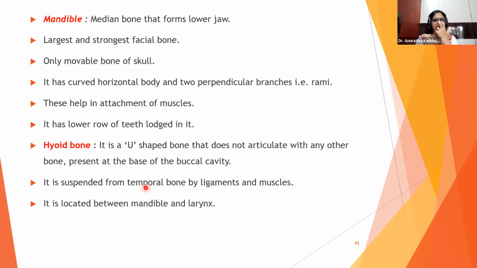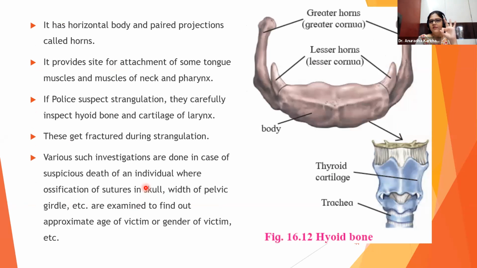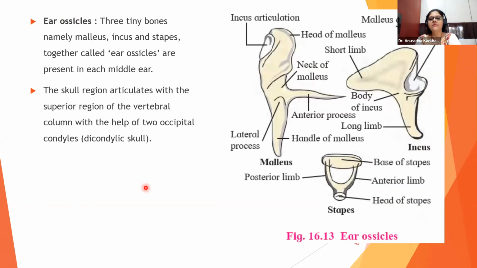Inferior concha. Mandible. Hyoid bone. 3 ear ossicles. So that makes 14. Correct. All of you counted it.